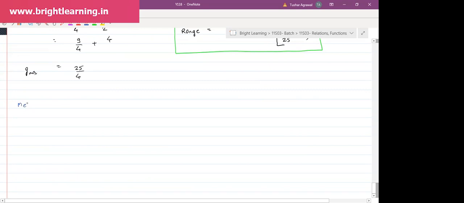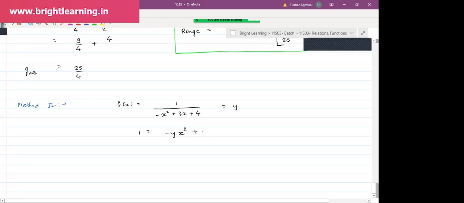Please bear with me for 2 minutes. F of x is equals to 1 upon minus x square plus 3x plus 4. I will take this to be equals to y. So 1 is equals to negative y times x square plus 3y times x plus 4y.